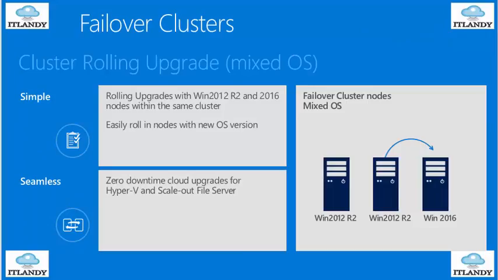Now, there is a new improvement in Server 2016. It's called Cluster OS Rolling Upgrade. It is a new feature in Server 2016 that enables administrators to seamlessly upgrade the operating system of nodes in a failover cluster from 2012 R2 to 2016. When a rolling upgrade of a cluster takes place, there will be a temporary mixture of Windows 2012 hosts and Windows 2016 hosts.